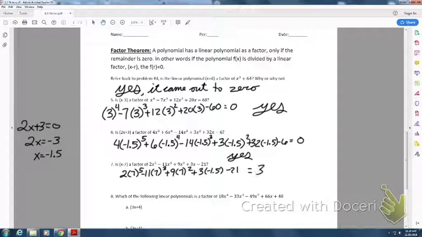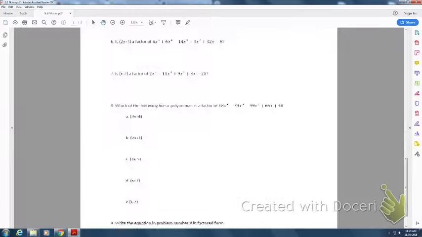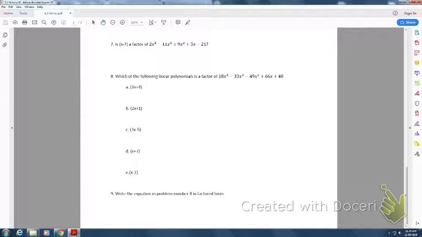On the last one, you should have gotten, I think, like 30,000. Is it 282? Okay, so that would not be a factor. All right, this last one is a little different, so make sure that you're paying attention here.